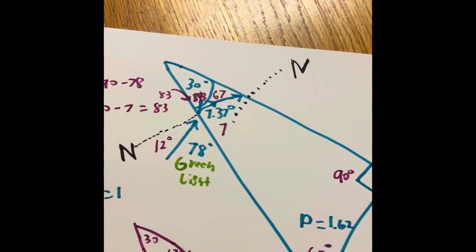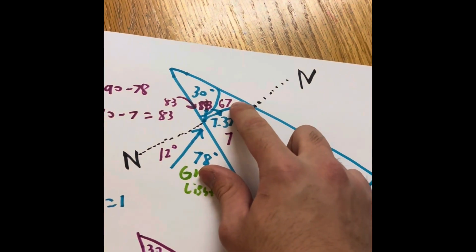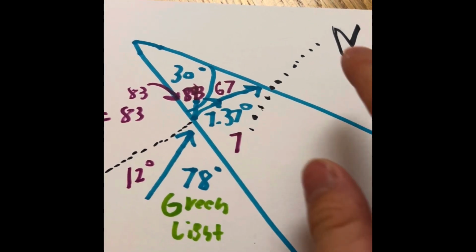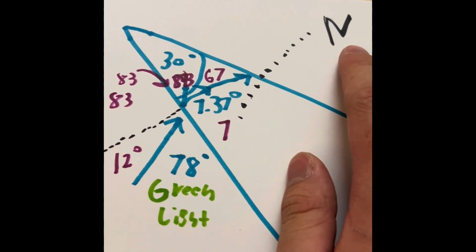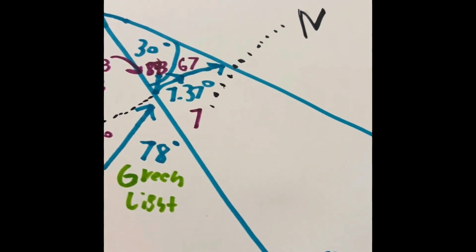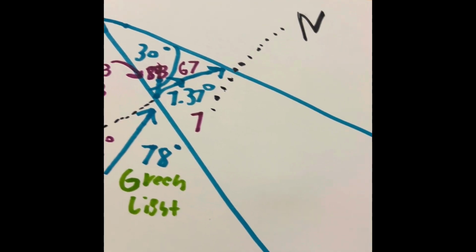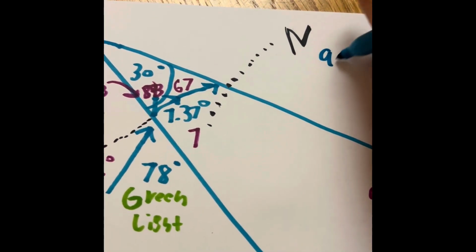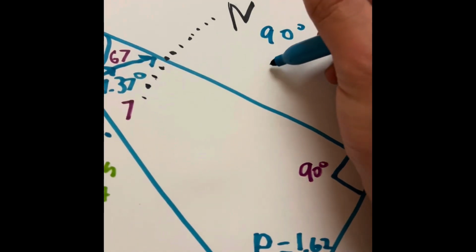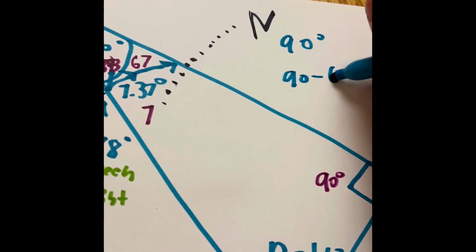If that is 67 degrees right over here, and the normal is perpendicular to the prism and the air, meaning that it must be 90 degrees, it could help us, because now we have to say 90 subtract 67.